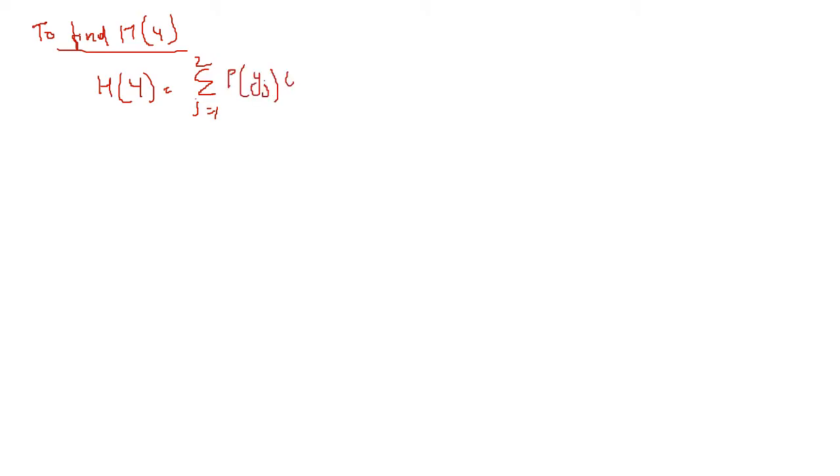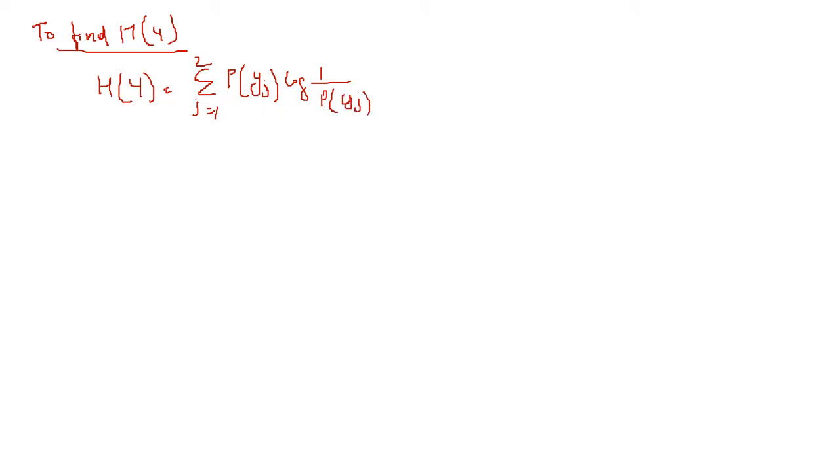We'll find H of y. So to find H of y, we'll write the equation which is given by the formula H of y will be equal to summation j varying from 1 to 2 P of yj into log of 1 by P of yj.